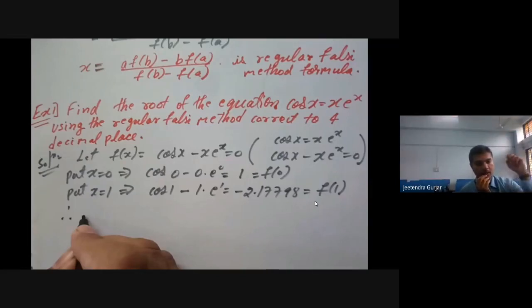Now here, remember, when we put x is equal to 0, we get f of 0. When we put x is equal to 1, we get f of 1. Modify this equation like this only, so that it will be easy to get the answer.